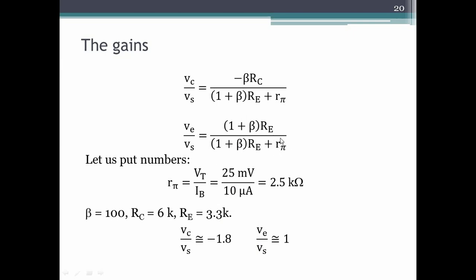R pi is small, so you can ignore R pi and you basically end up with unity here. Here, if you think about it, again we can ignore R pi in the denominator and then beta and 1 plus beta cancel. So we get approximately minus RC by RE, which turns out to be minus 1.8.